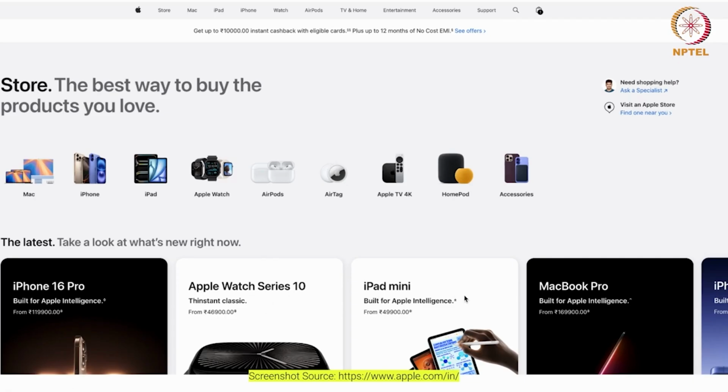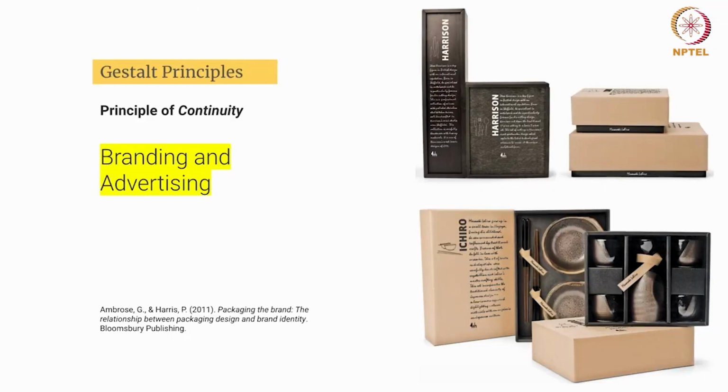Yes, so now let's go to the idea of branding and advertisement, and how continuity plays an important role in our perception. This is an interesting brand created by Kenny J. Wang, and it shows an overall kitchenware store.